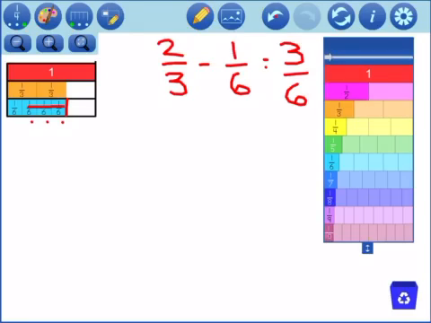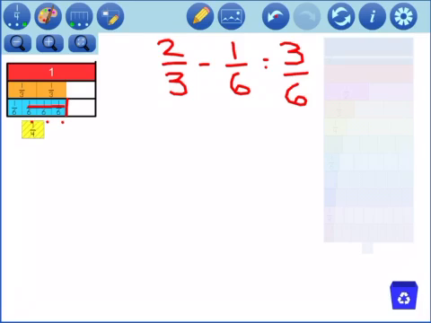Okay, now I don't just have to use 1/6 though. Even though we started taking away 1/6, I can fill in that red missing difference space with other fraction strips. They just have to equal that same difference.